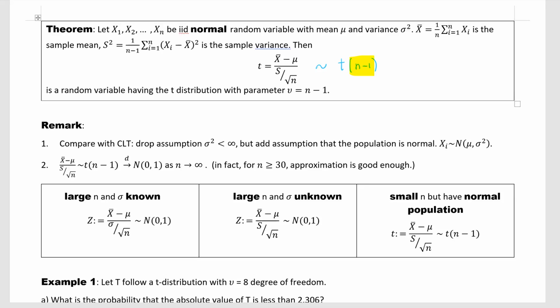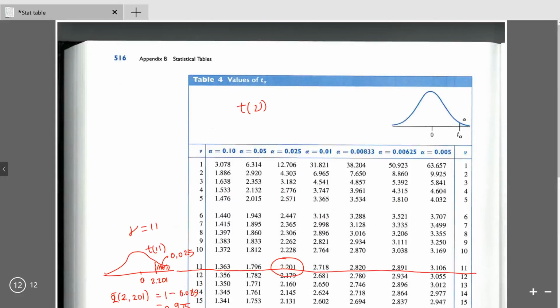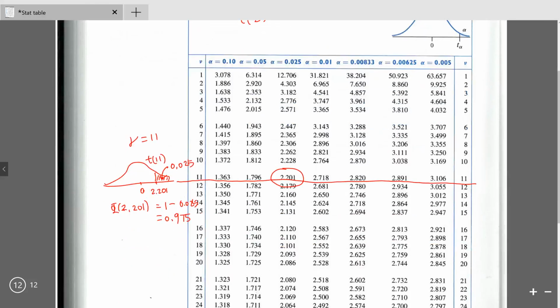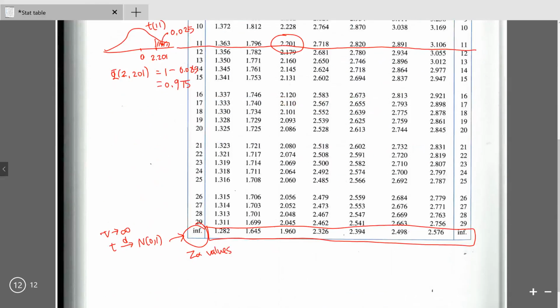In fact, let's look at the t-table. You can see the degrees of freedom 1, 2, 3, 4, 5, 6. The highest is 29. So if the degree of freedom is greater than or equal to 30, you can just use the standard normal distribution to calculate.